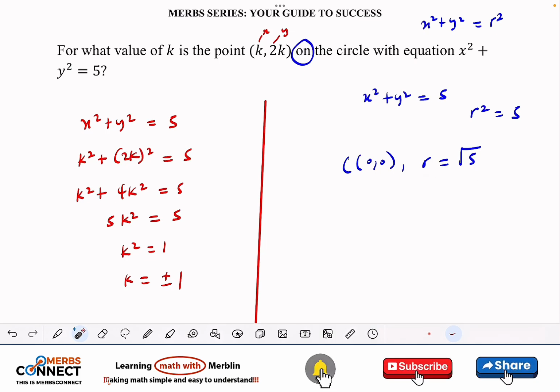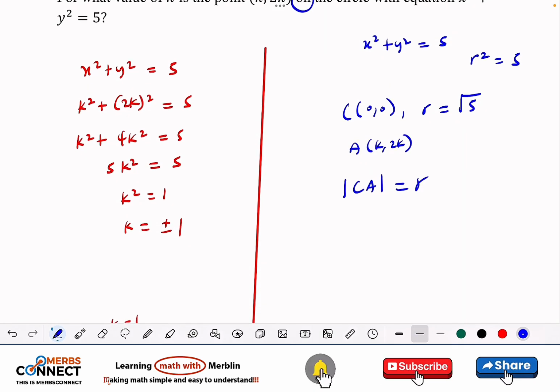So now, we are talking about the point that is on the circle, like the one that we have here. It means that if we are naming this coordinate, k and 2k, to be a, the distance between c and a should be the same as the radius because it is on.